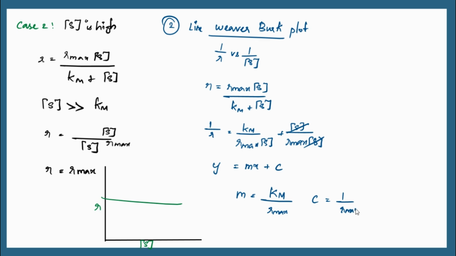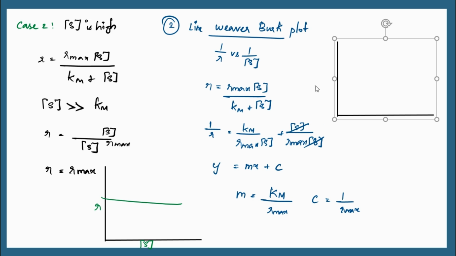In concept-based questions, there will be many questions. In the questions, what they will do is they'll give some values of slope, and they'll give the value of intercept, and they will tell you to find the rate constants k1, k2. So they will tell you to find the rate constants or Michaelis-Menten constants. Okay, so those questions are very common.